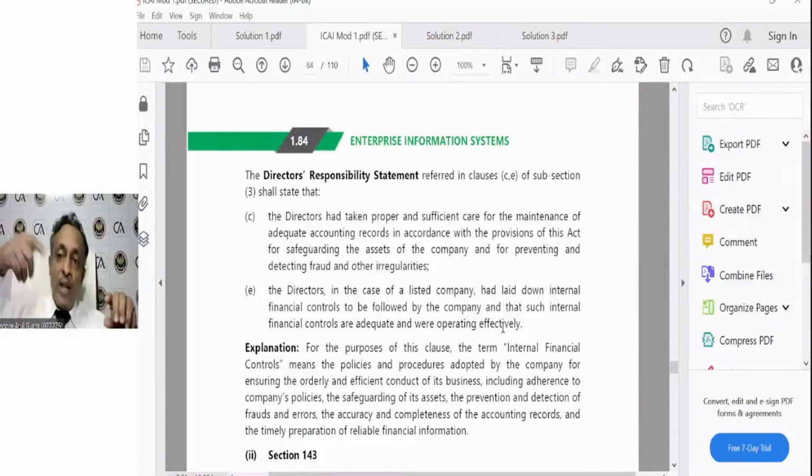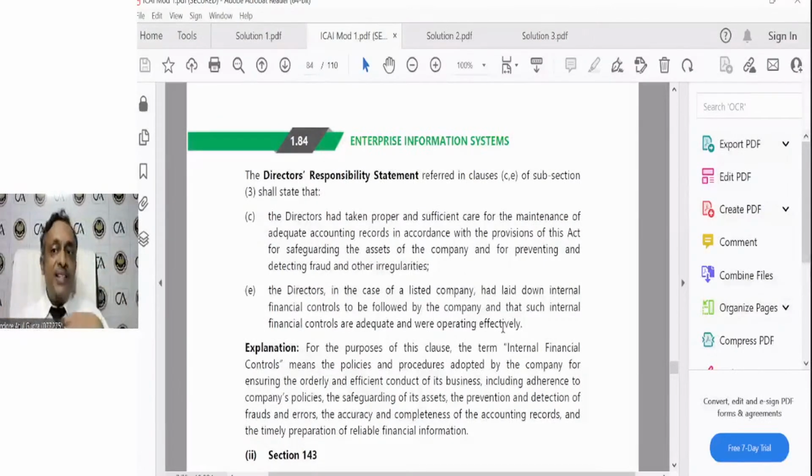Please understand, when we talked about master configuration, I told you that fraud is a system issue and an integration issue, and that all those responsibilities lie with the Director. SA 260, 265: communicating with those charged with governance and deficiencies of internal control. Very important. So it is part of the law.